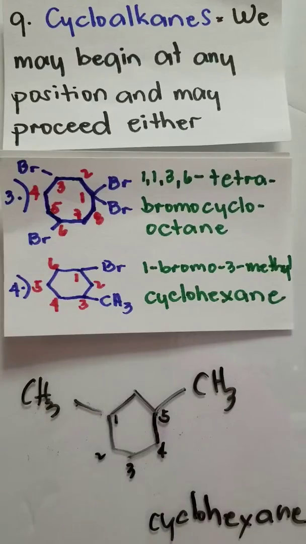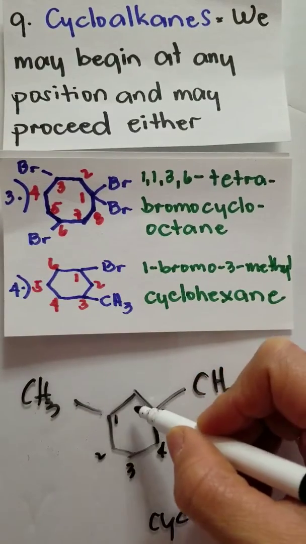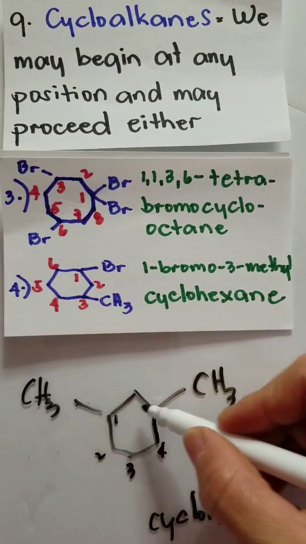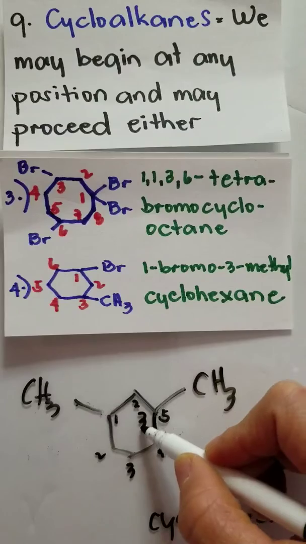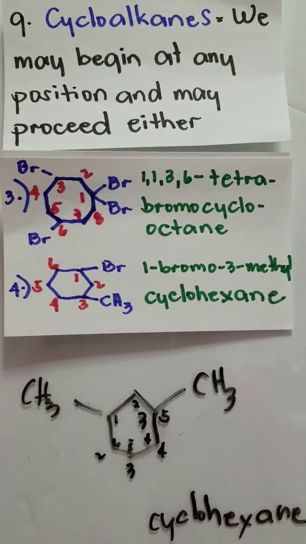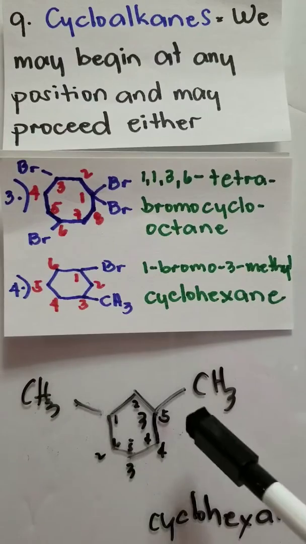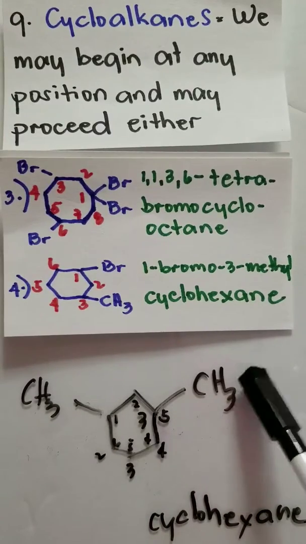What about if you consider the other way, the counterclockwise? If this is our first carbon atom, then this one is our second, third, fourth, fifth and sixth. So now consider which one has the lowest number, the 5 or the 3, where this group is attached.